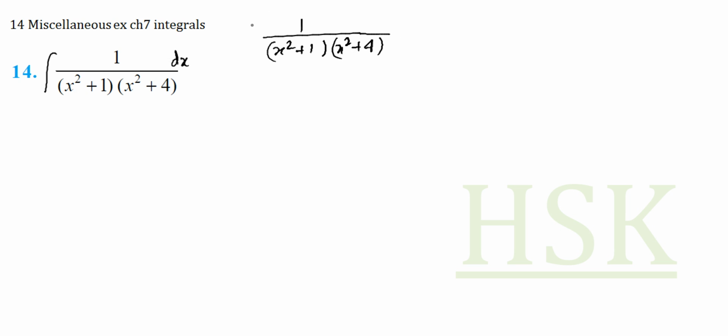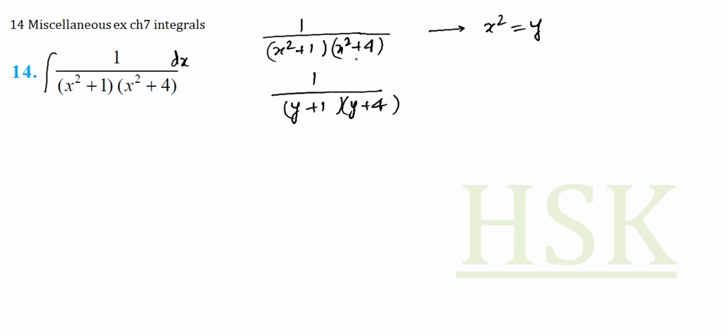If an integral contains no terms other than x square, then this can be simplified into partial fractions by placing x square is equal to y. So on doing this, I'm going to get this as 1 upon y plus 1 into y plus 4.